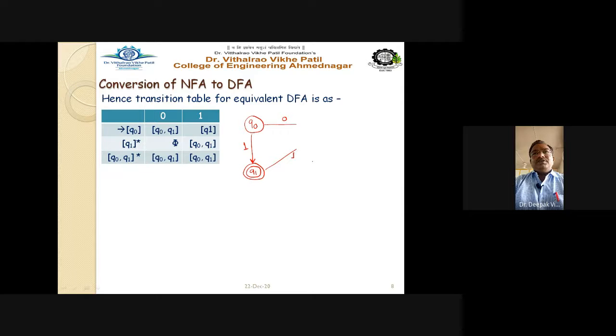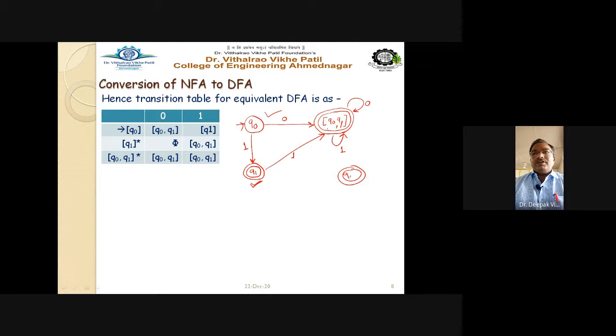and this is the transition diagram for the resultant DFA. That is nothing but the converted DFA. So see carefully, Q0 is marked as it is. Q1 is the final state, that's why it is marked in a double circle, right? And one new state is generated, which is Q0 comma Q1, and that state is marked as a final state. That's why it is marked in a double circle.